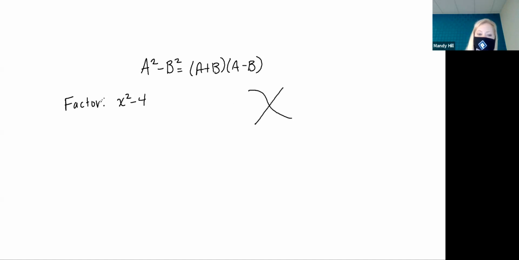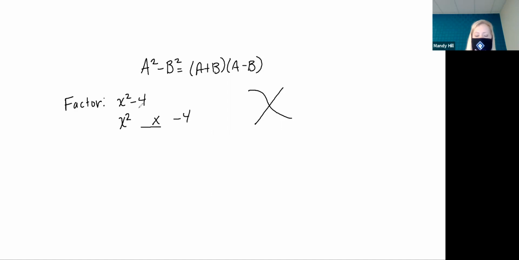Remember that if we were going to work this the way we did this the other day, this one is kind of missing a middle term. We've got x squared minus 4, and usually what you would see is you would have an x squared, and then you'd have some number right here that's multiplied times x, and then you would have your minus 4.